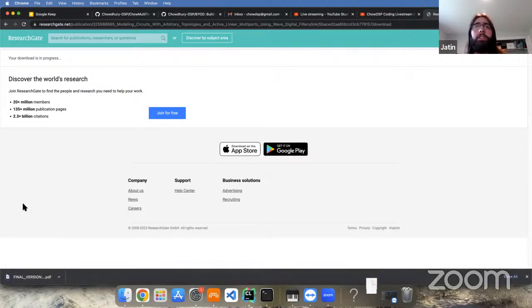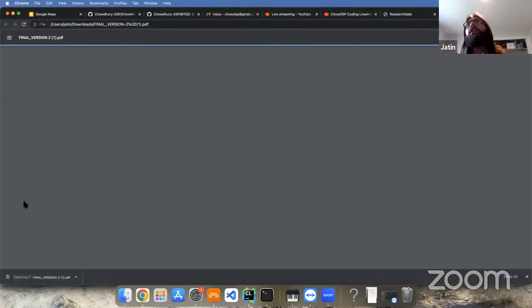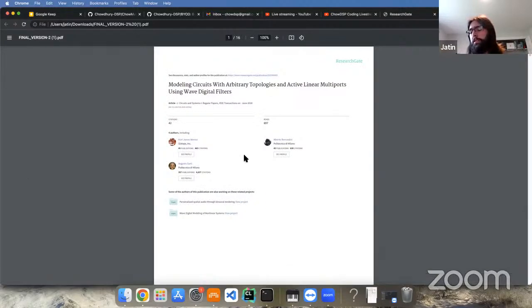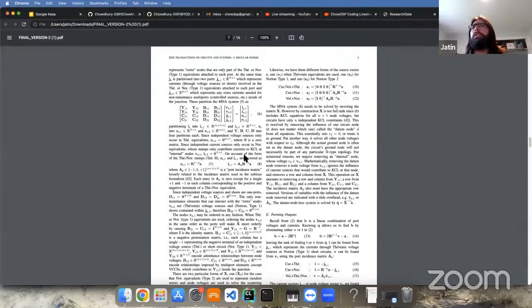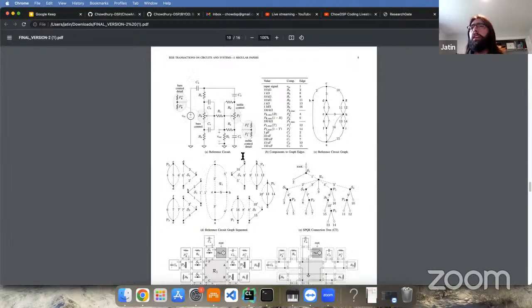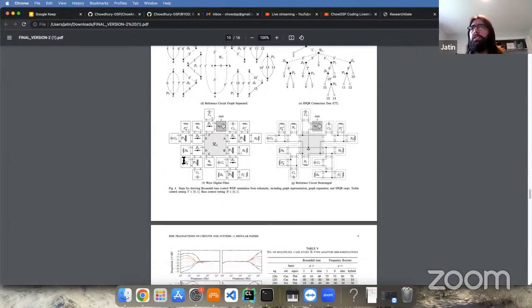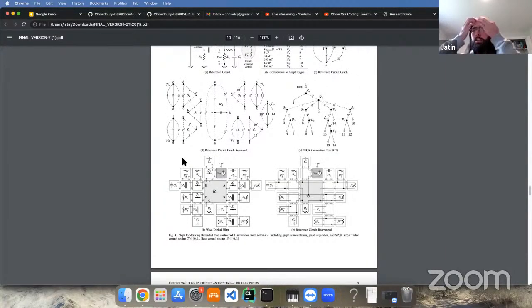I might already have it downloaded, or maybe not. Cool. And let's see what we got here. This is kind of a cool paper if folks are interested in this kind of thing. The idea is that they're taking the wave digital filter modeling paradigm and going into modeling circuits with topologies that cannot strictly be broken down into series and parallel connections.